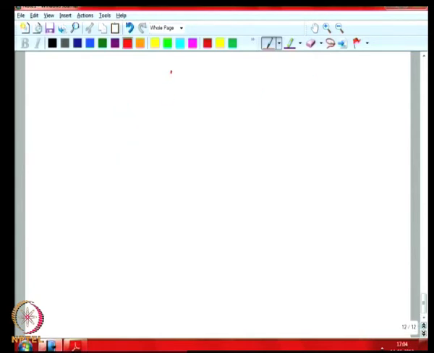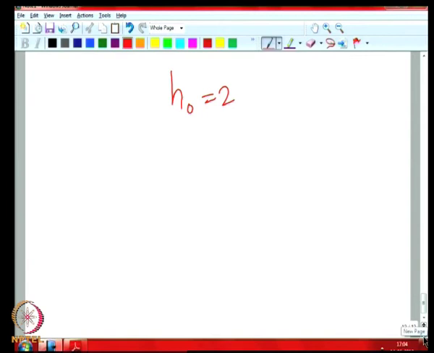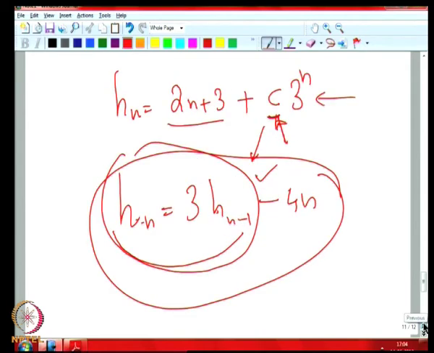What is the initial condition? h0 equal to 2. Now, put n equal to 0, we get 3 plus C, so 3 plus C has to be 2. So we can decide our C to be minus 1. If we decide C to be minus 1, it will work. That means here we have minus 3 to the n, so hn equals 2n plus 3 minus 3 to the n, that is all.